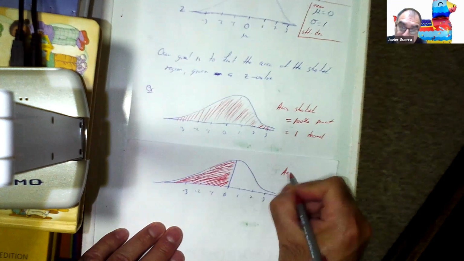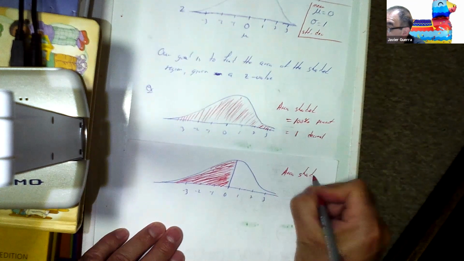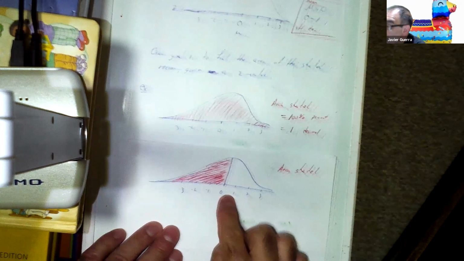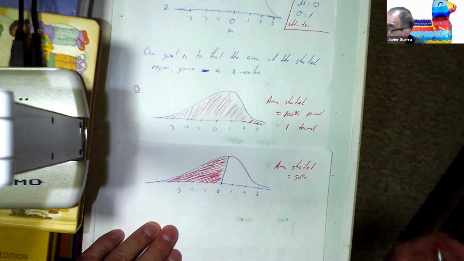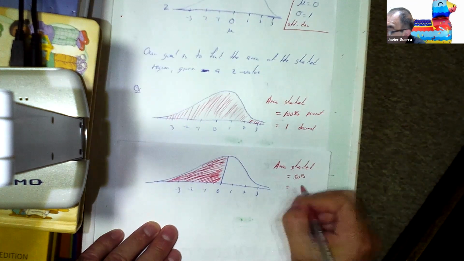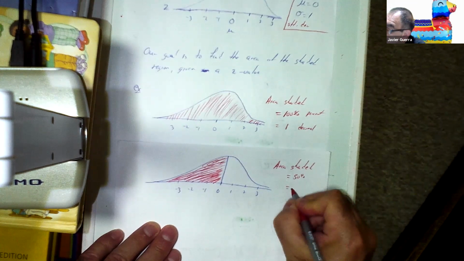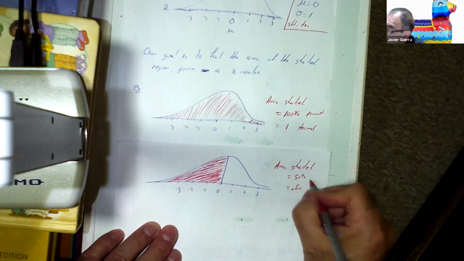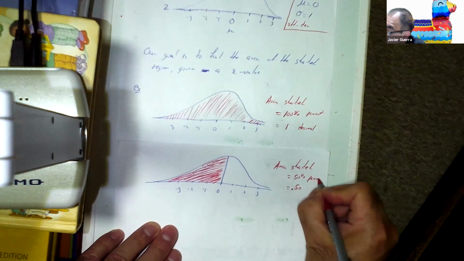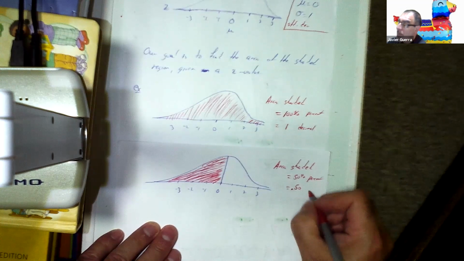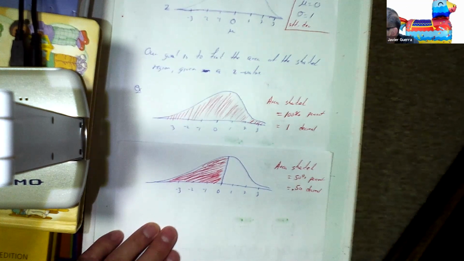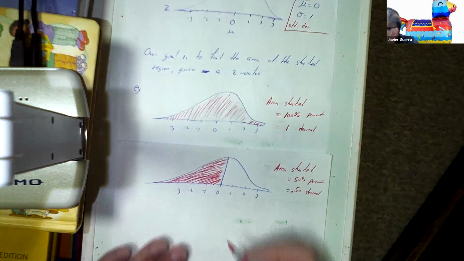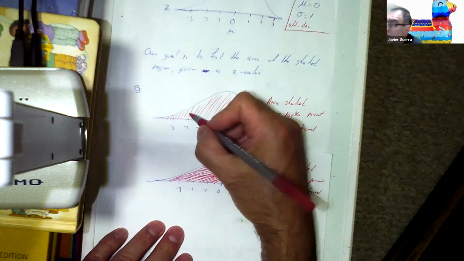Well, it's half shaded, right? So that's 50%, because half of the graph is shaded, or you can write it in decimal, 0.50. It's half is shaded. I didn't color this dark enough. Sorry. There we go.